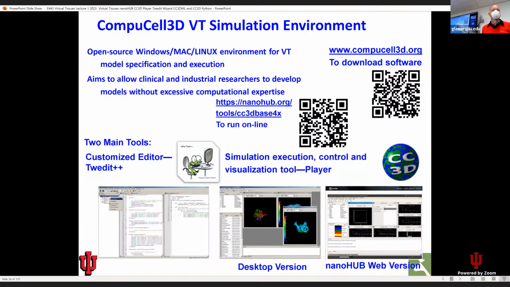You can put this on your desktop, and I certainly don't discourage people from doing that. If there's a problem getting it to install on your desktop, there is a version online through nanoHUB that we could use in class. And the online one is a little bit older version of the code.